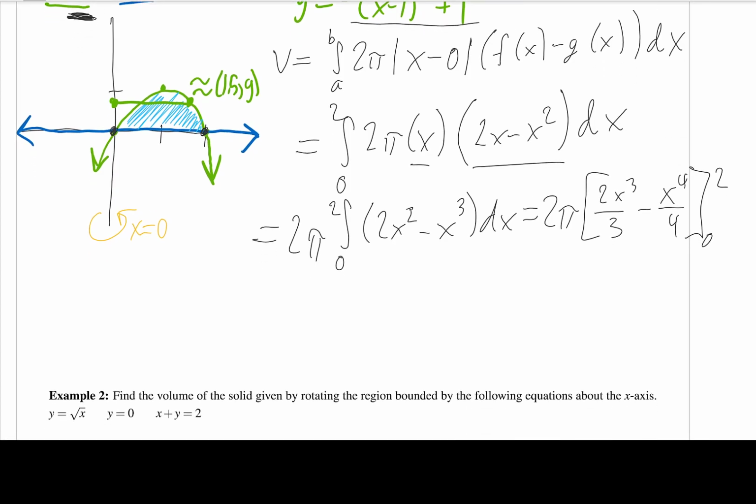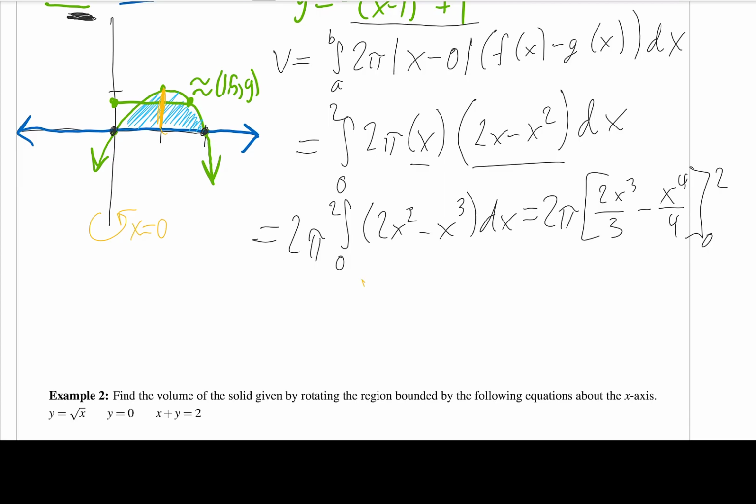Now, I can do a trick here. What you could have done, you could have noticed that this region right here is symmetric about this line. So we can change this to 2 times what we have, except we take our limits to go from 0 to 1 instead of 0 to 2.